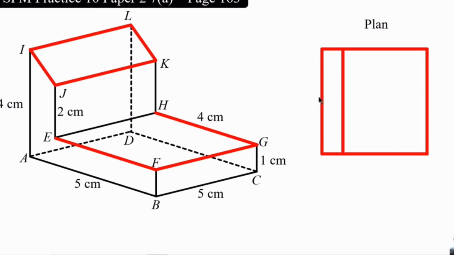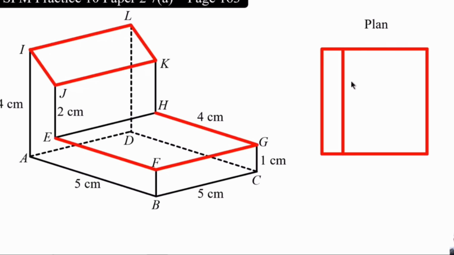So as a whole this is 5 centimeter, right? 5 and 5 is a square. Then the width of this smaller one, as a whole, is 5 centimeter. This is also 5 centimeter, right? Okay, so then the smaller one is 1, and this one should be 4 centimeter.